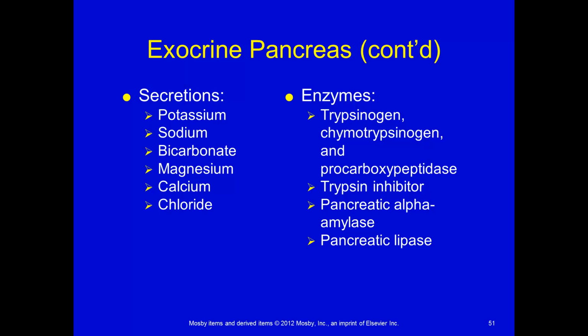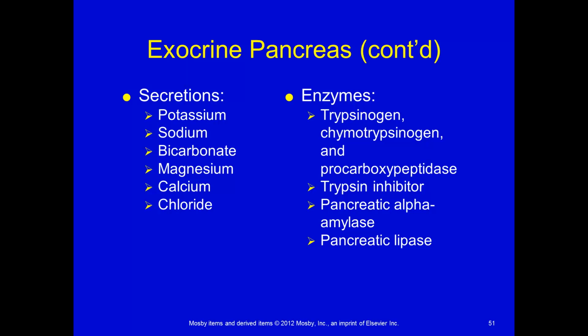The trypsin inhibitor prevents activation of proteolytic enzymes while they are still in the pancreas, so it ensures that things like trypsinogen and those other enzymes that digest protein don't get activated until they actually reach the small intestines.